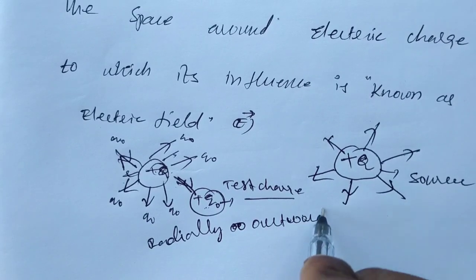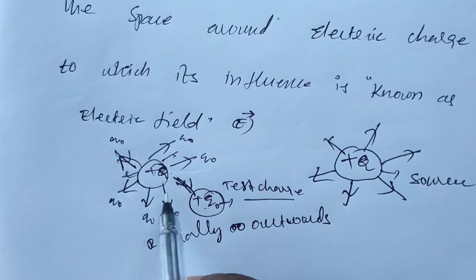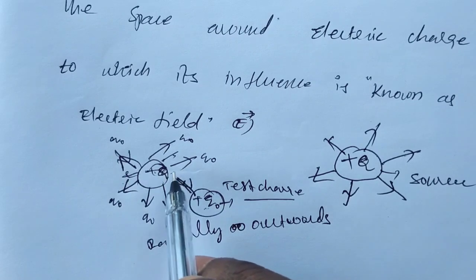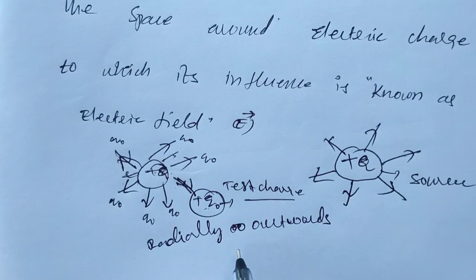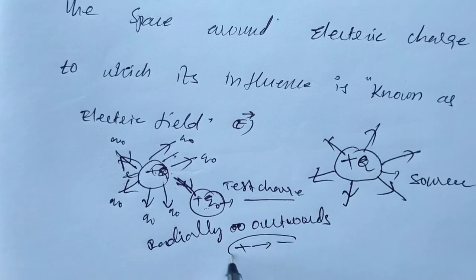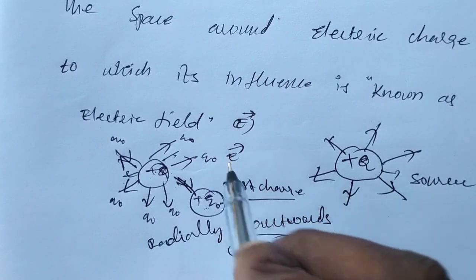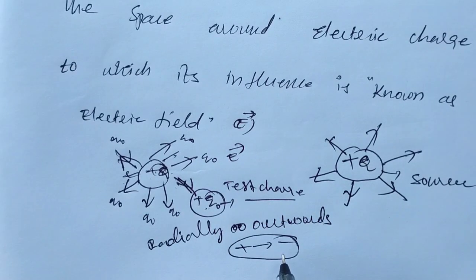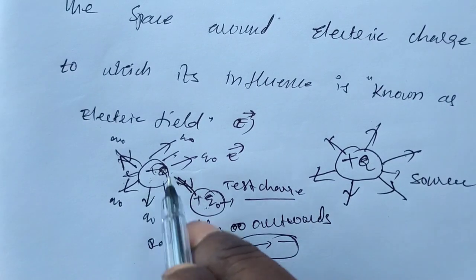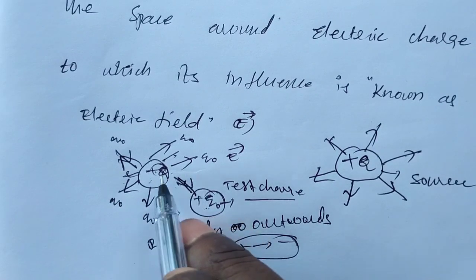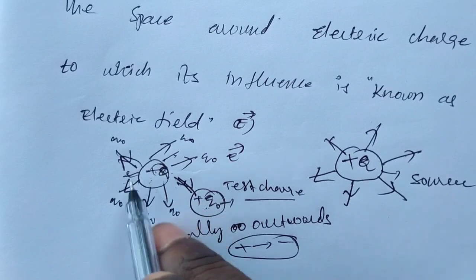That means the electric field lines go from plus to minus. Okay, that is the electric field indication or direction: plus to minus, when the charge having plus q, that is the source, is producing the electric lines or electric field.